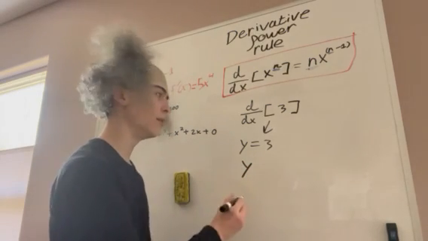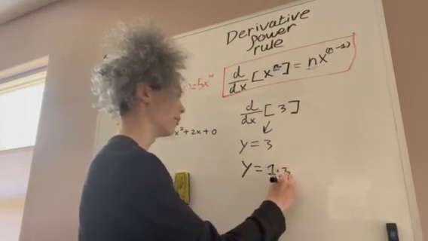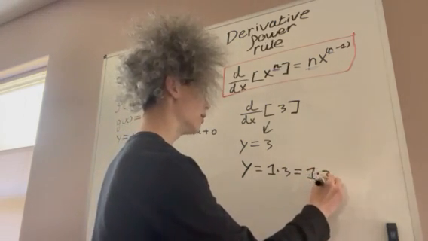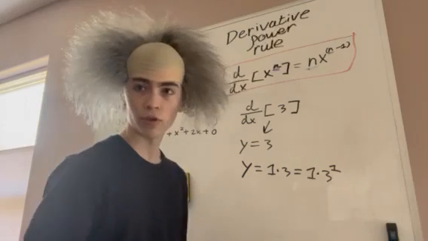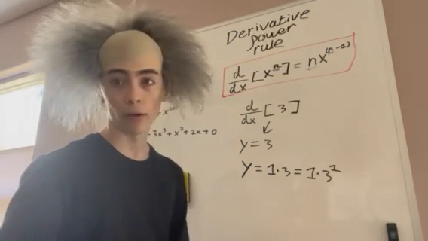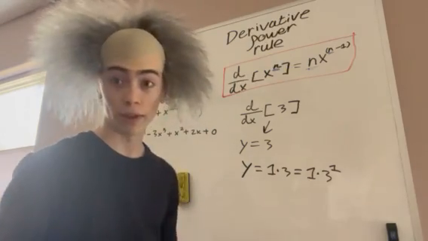We can say in math that y is equal to 1 times 3. We can say it's equal to 1 times 3 to the first power. Because we haven't changed anything. We've just been multiplying by 1. And technically the power on every constant is 1. You can do that, and it doesn't actually change the value of the constant.